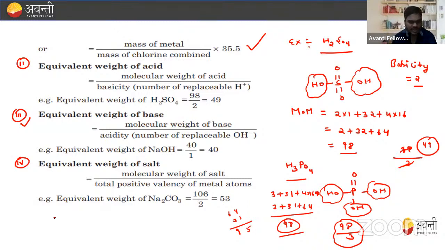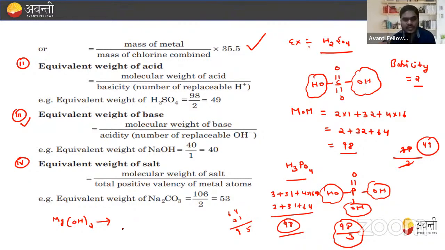Similarly, if someone asks how to calculate the equivalent weight of Mg(OH)2, how will you calculate it? First of all, what is the molecular mass of Mg(OH)2?